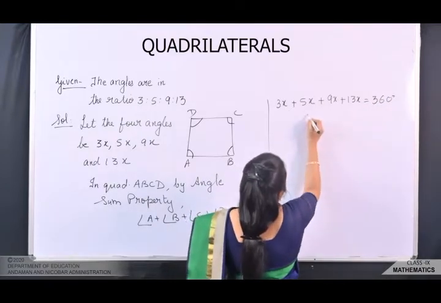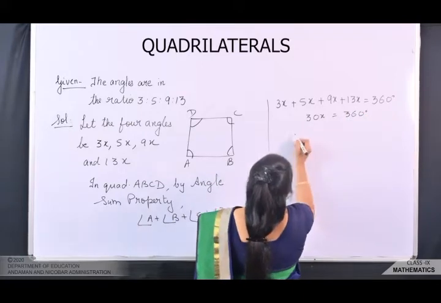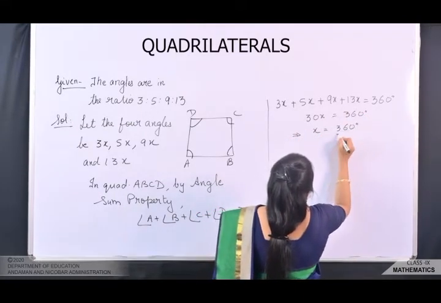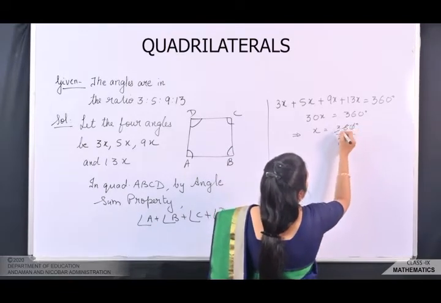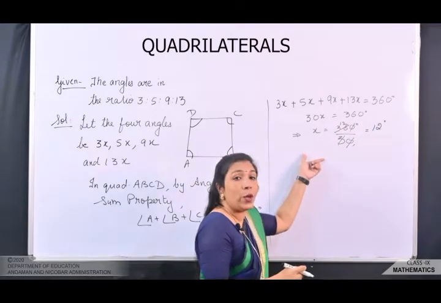When we add all, we are getting 30x is equal to 360 degree, implies x is equal to 360 degree by 30, 0, 0 cancel, 3 ones are 3, 12s are. You are getting 12 degree. X value is 12 degree.